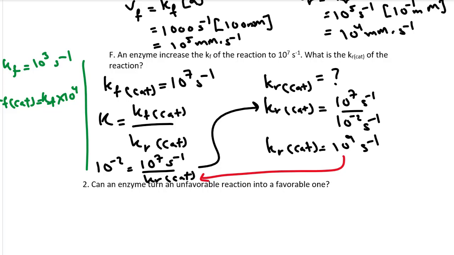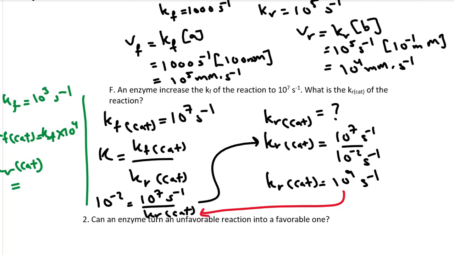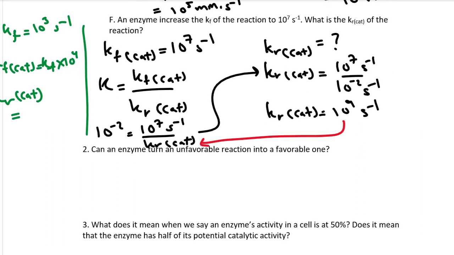So all I have to do is multiply my original kr, which was, let me remember, I have it right here, 10 to the 5 per second, times 10 to the 4, which will give me 10 to the 9 per second. So there's a couple of ways to do this.